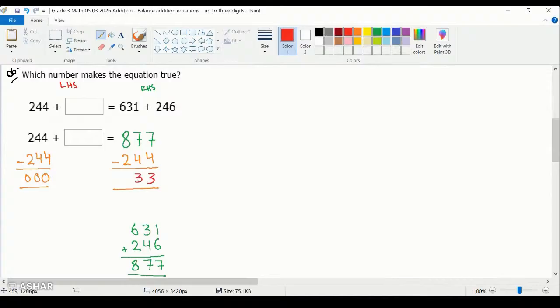Perfect. And 8 minus 2 should be 6. That means the missing number is 633.